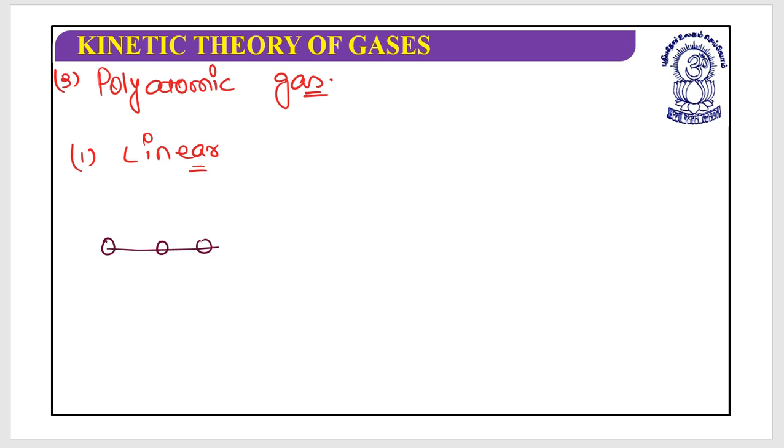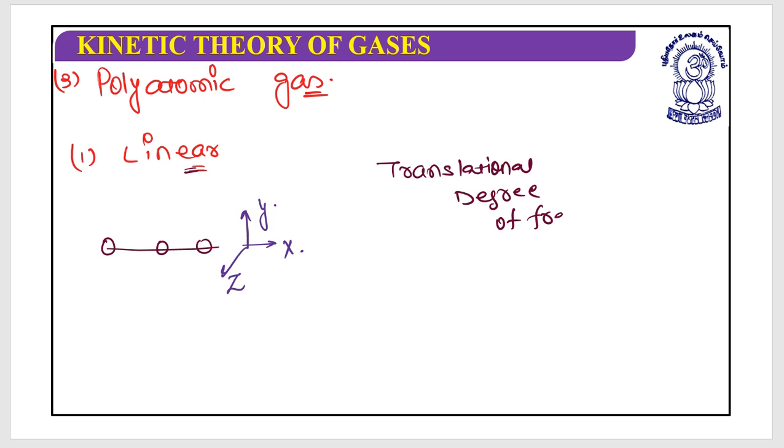So this all can move in the directions x, y, and z. So for the polyatomic gases, if it is a linear gas, then translational degree of freedom, it is 3.